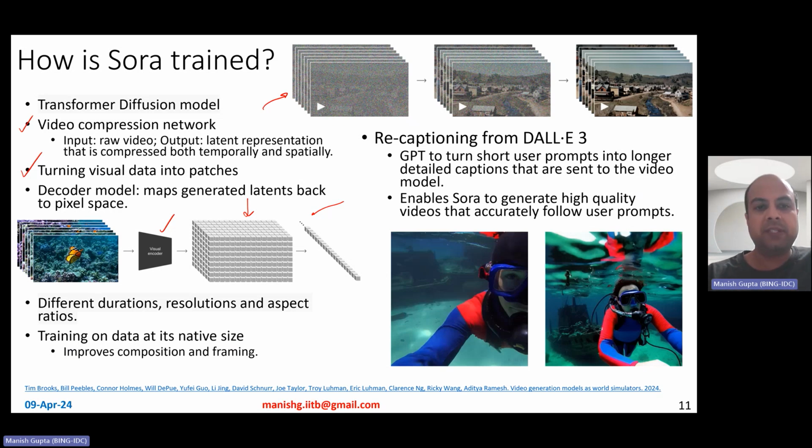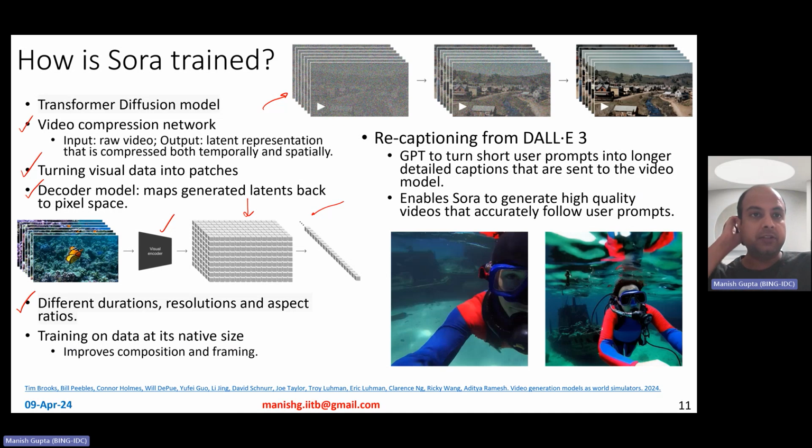After the diffusion is done, you have a decoder model to super resolve and create nice high resolution videos or images from the latents back into the pixel space. So thanks to all of this, SORA can generate videos with different durations, resolutions, and aspect ratios.